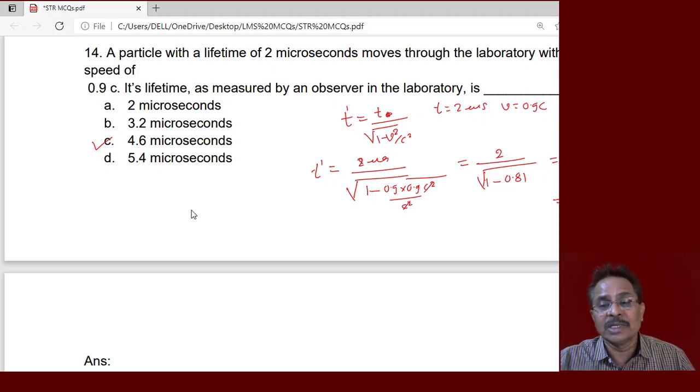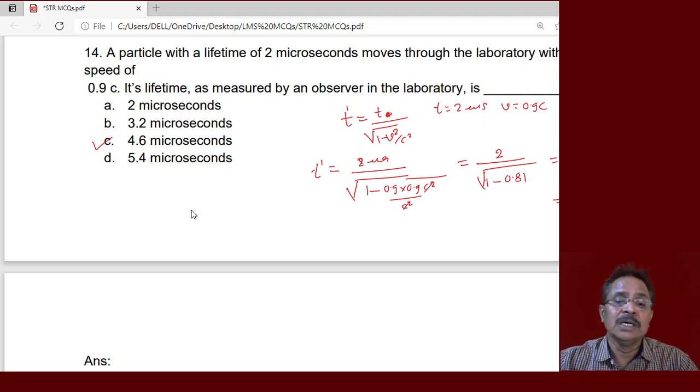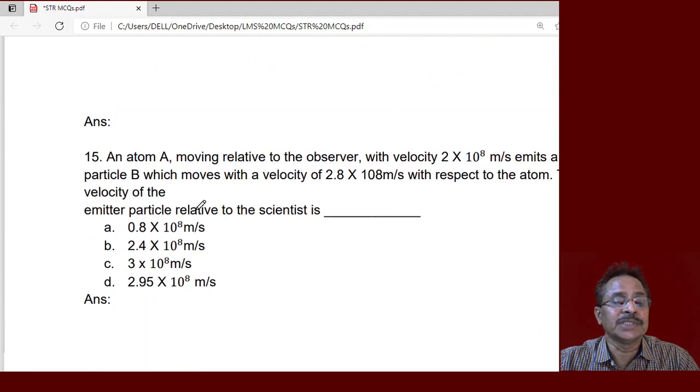You can use a calculator for the actual calculation of 2 upon the square root of 0.19, and you will find the lifetime of that particle is observed to be increased, and it is found to be 4.6 microseconds. So here we are using the time dilation formula to calculate the lifetime of the particle in the moving frame of reference, which is 4.6 microseconds.